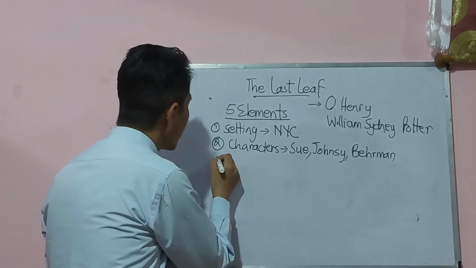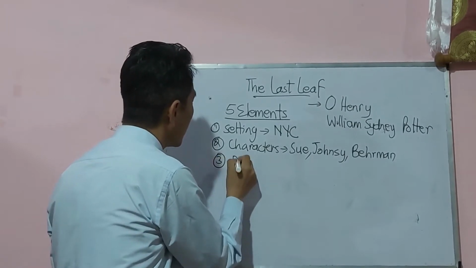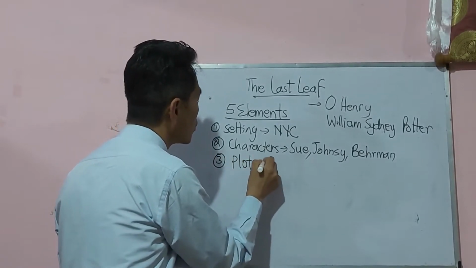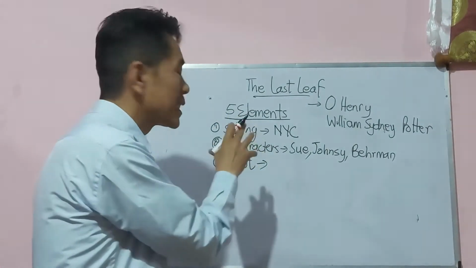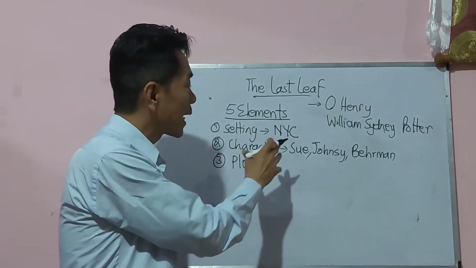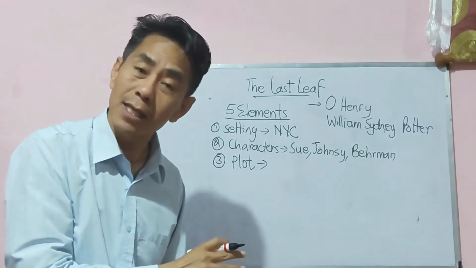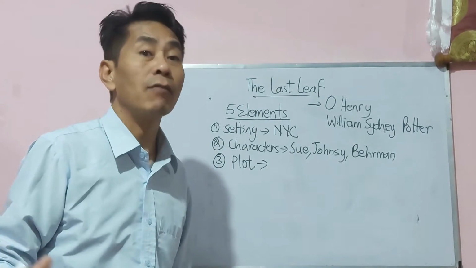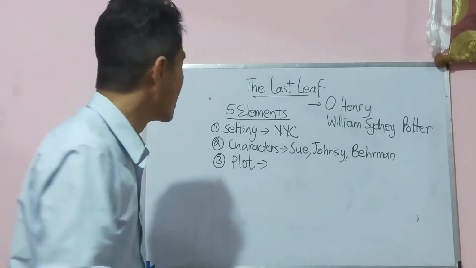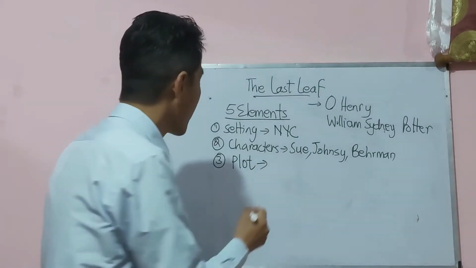And next we have the plot. The plot is the series of events that takes place in the story. We have at least 3 characters here, and these characters will not stay in the story without doing something. So all these events are the plot.